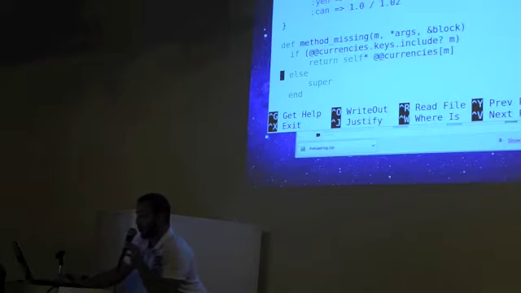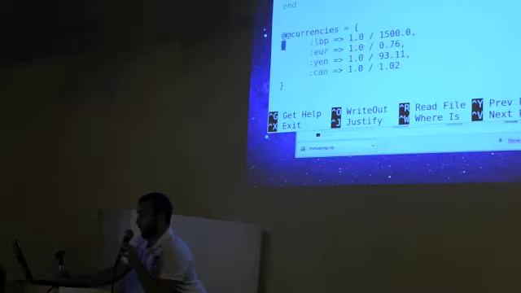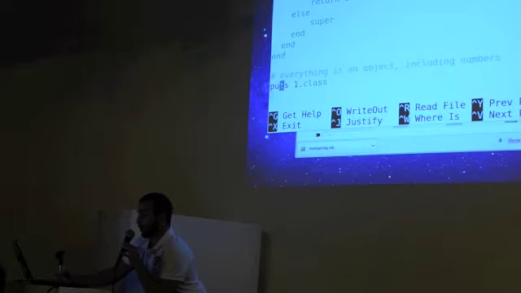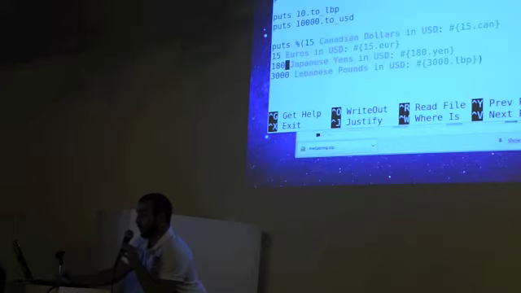So here it looks inside the currencies. It checks if there's the currency that we pass to the function. So here, if you take a look, I have 15.eur or 15.can. These methods do not exist on the class.